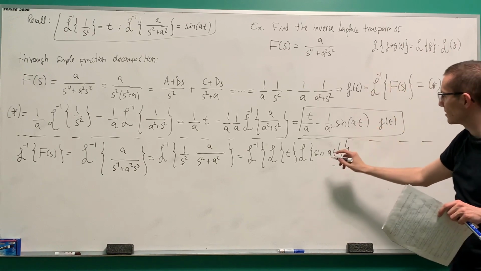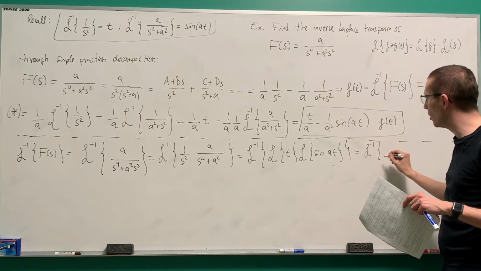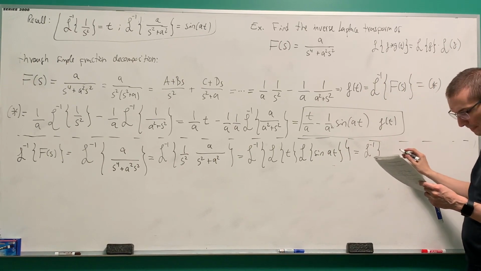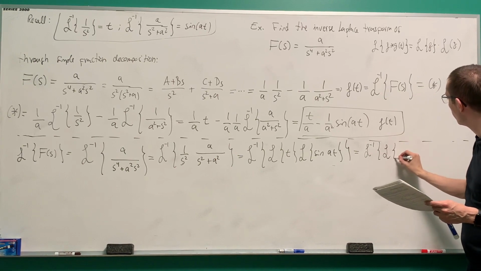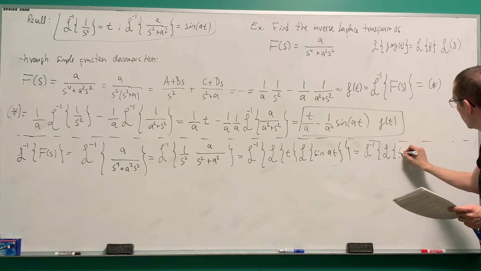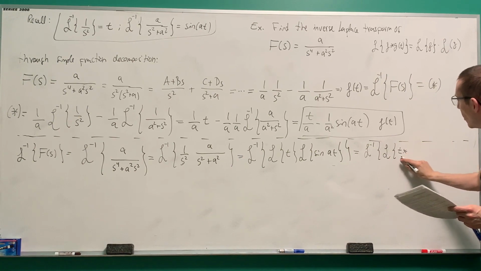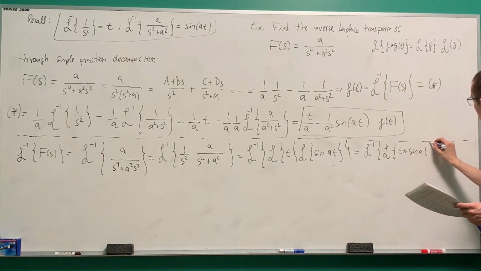So I can read this backwards and say, this thing is the inverse Laplace of the Laplace transform of the convolution of f, in this case t, star sine of at.